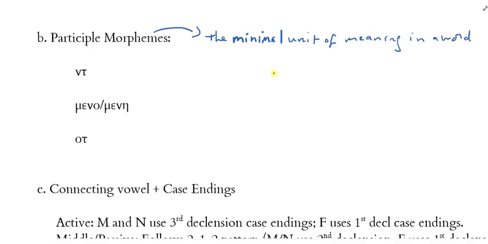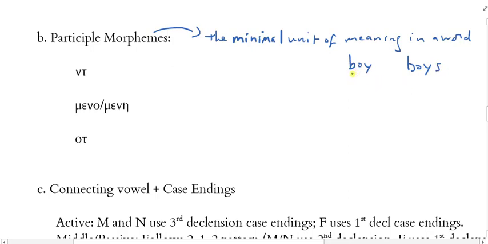Words consist of lots of parts, and some morphemes that provide some unit of meaning are grammatical morphemes, and some of them are morphemes that relate to the lexical meaning. Let me just give you an example. You take boy and boys.